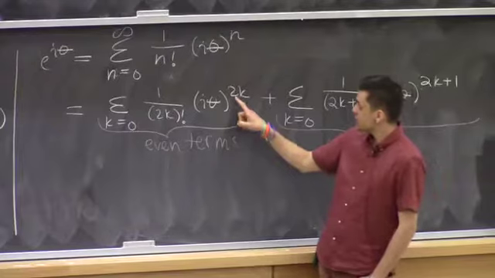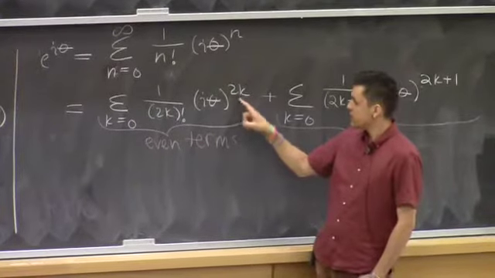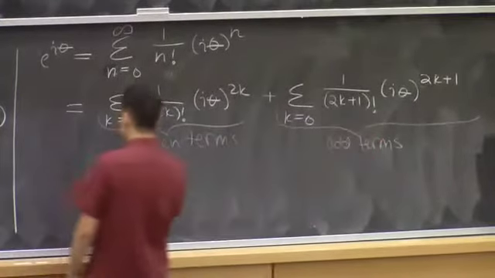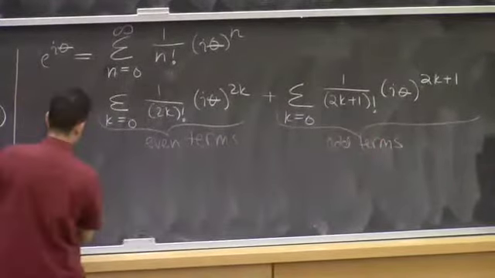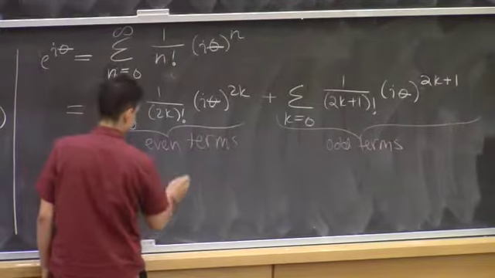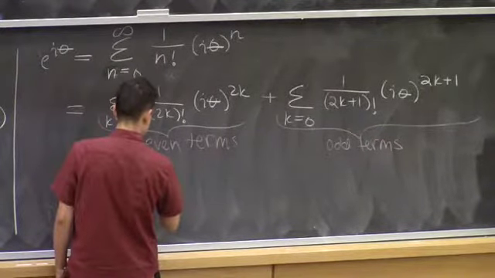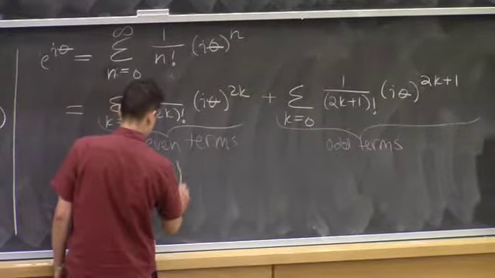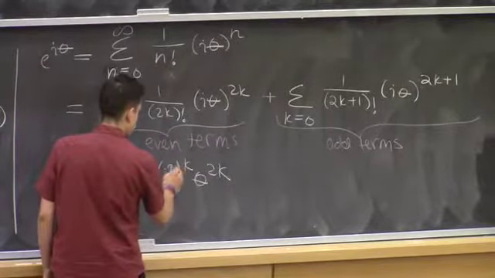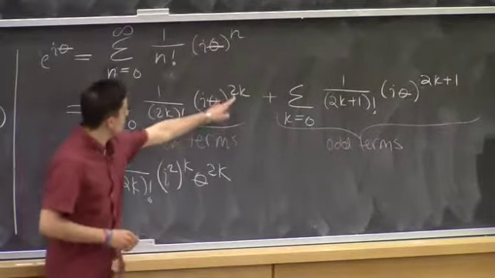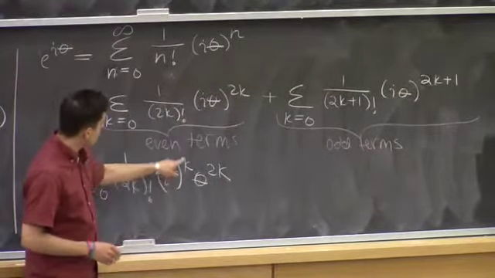Now we've got 2 times k up here, so we're going to rewrite that in the following way. So we split up the exponent. We put i squared to the k, right? That's i to the 2k, and then theta to the 2k.